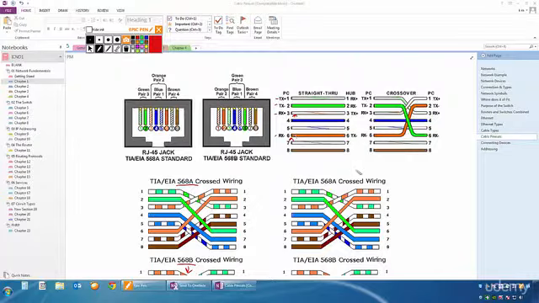Now, this is what I used to do back in the day when I used to make my cables, because I didn't really understand about the standards or the twist per inch or the magnetic fields. So this is what I would do. I would actually go in alphabetical order. So I will say blue, then blue stripe. I'm just going to leave that as a stripe. And then I would say, what's after blue? We have green. No, we have brown.